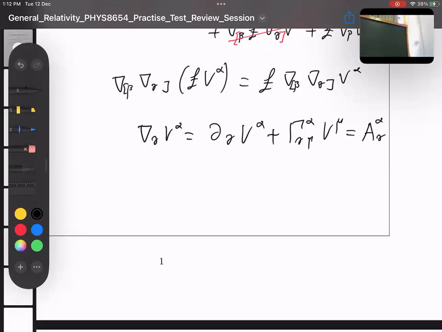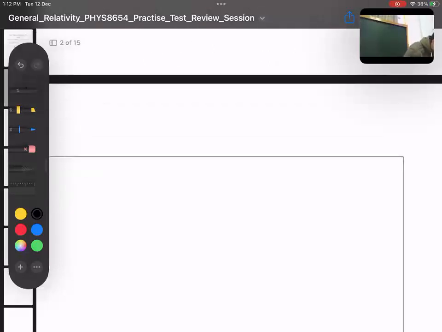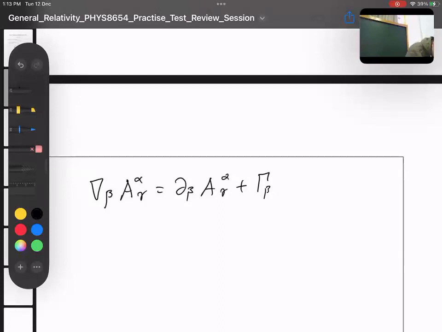Okay. And then we remember when you take a covariant derivative of tensors, as I said before, the definition is a little bit different. So you take partial beta, a alpha gamma is equal to partial beta, a alpha gamma plus this one, gamma beta. Let's define a new variable, sigma.